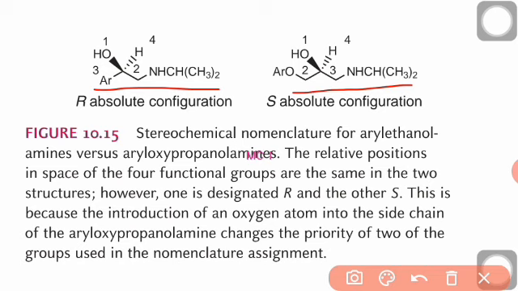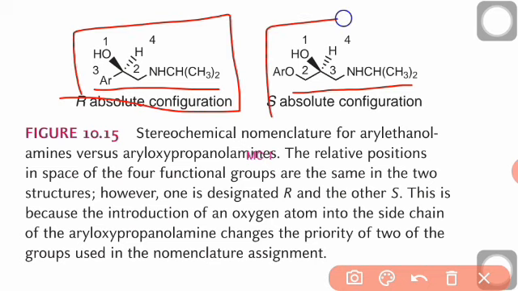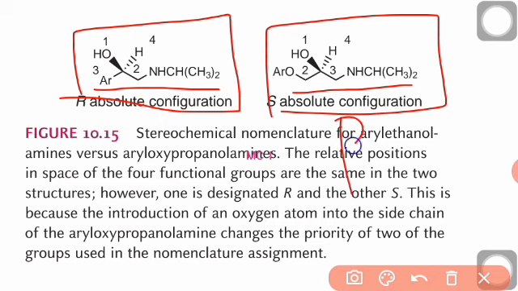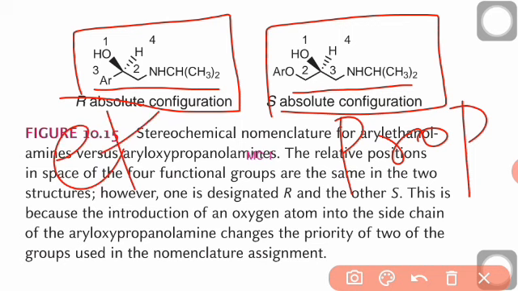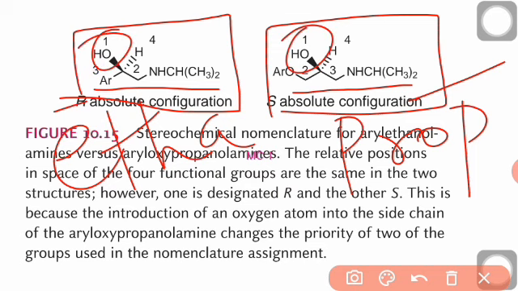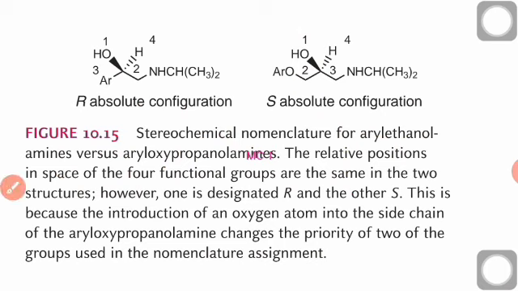But as they have drawn the R and S configurations of propanolamine, and this is the R configuration of ethanolamine, when drawn stereochemically they still have the same orientation in space.